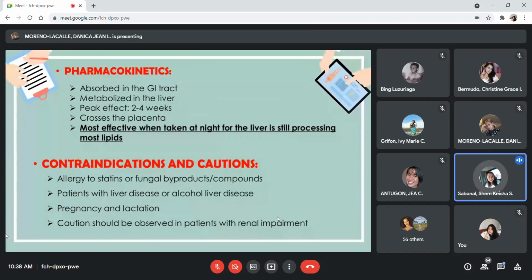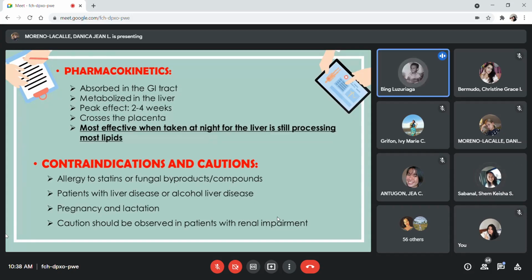Okay, so our pharmacokinetics, just read on those, but I'd like to emphasize that these drugs are most effective when we take these drugs at night. Why? Because the liver mostly processes lipids at night than at daytime. So it is more effective if taken at night. And this is also contraindicated to any allergy to the drug, to patients with liver disease, pregnancy, and also to those with renal impairment.